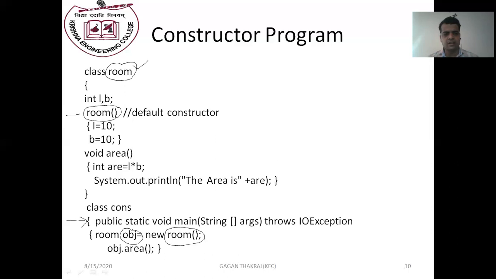When we create the object of a class, it is called automatically and assigns the value of L to 10 and the value of B to 10. So when we call the area function with the help of the object, L is 10 and B is 10, it will multiply, R contains 100, and it will print the area is 100.